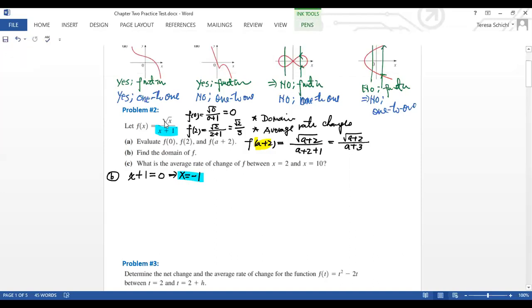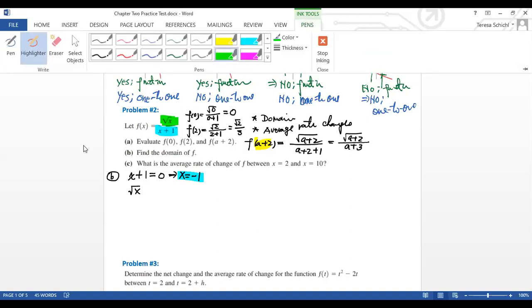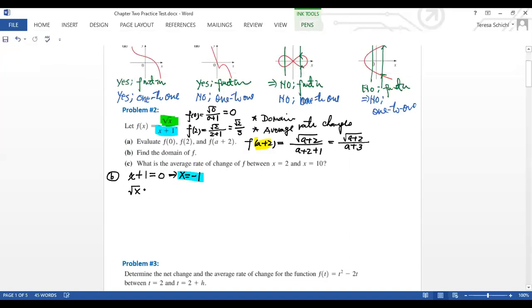Then the next thing here is the square root of x. That means the inside cannot be negative, so x has to be greater than or equal to 0.